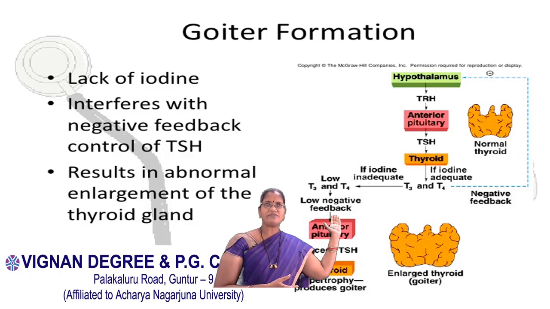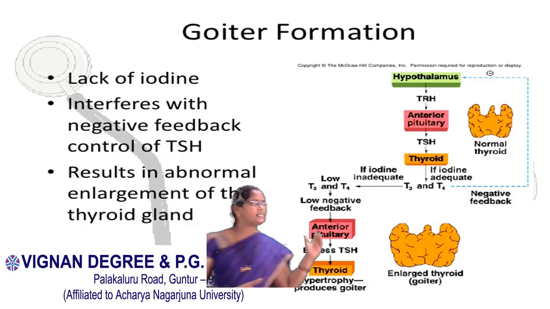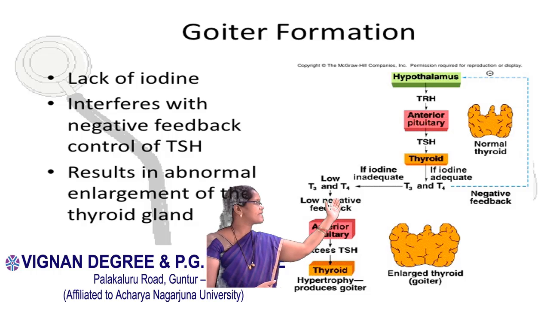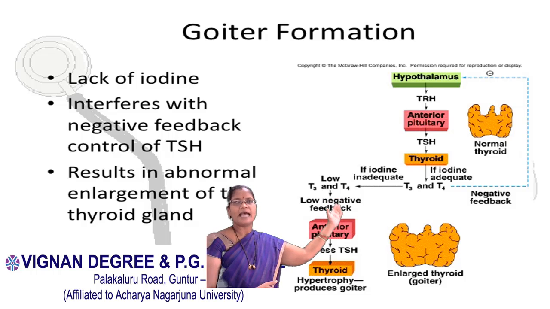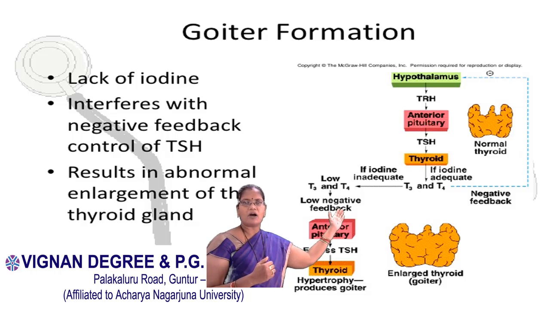which interferes with the negative feedback control of thyroid stimulating hormone, and it may result in abnormal enlargement of the thyroid gland. So if you see this flowchart, the hypothalamus is secreting the thyroid releasing hormone. This is acting on the anterior pituitary gland. As a result, thyroid stimulating hormone is secreted, and this is acting on the thyroid gland.